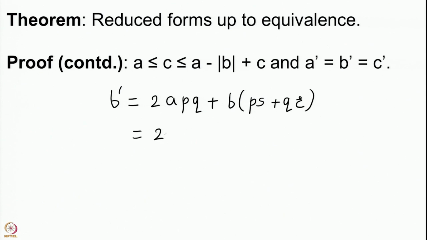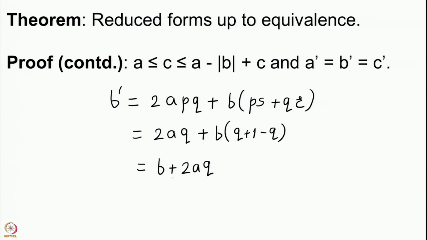So, B prime now becomes 2aq plus P into S, where P is taken to be 1, S is q plus 1, R is minus 1. So, we get it again to be B plus 2aq.